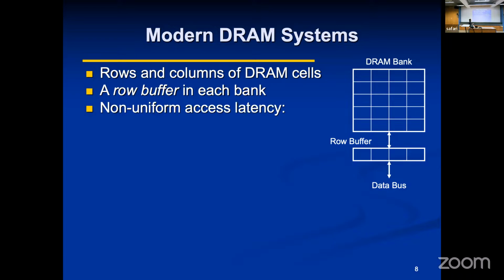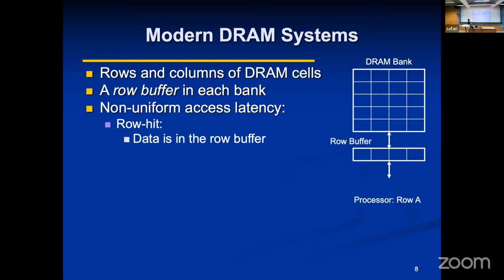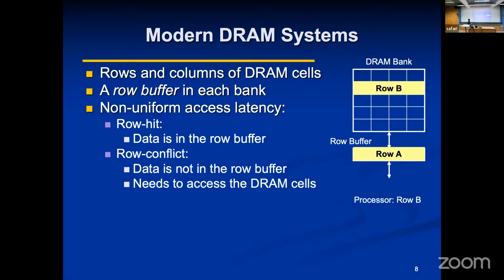The crux of this organization is that it creates a non-uniform access latency. If you have a row buffer hit, then the data service latency is less as compared to a row conflict. A row conflict means the data that you are going to access is not in the row that is open, so you have to close the open row and then open the new row. That's the row buffer miss.